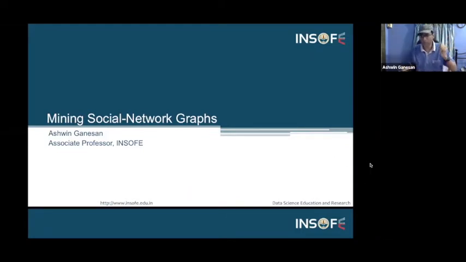So we're going to continue here with mining social network graphs. Last time we talked briefly about this concept of locality, the local structure in a graph.